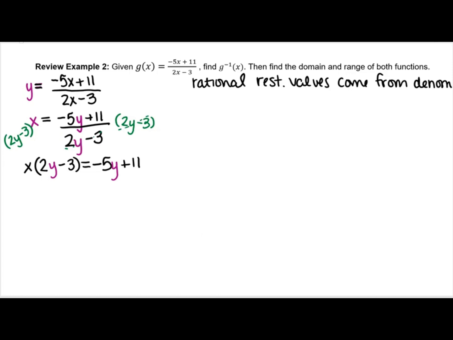We can't divide both sides by x because then we're going to have our negative 5y trapped with the x underneath. So we're going to distribute our x all the way through our parentheses. So we're going to have x times 2y gets us 2xy. X times negative 3 gets us negative 3x.